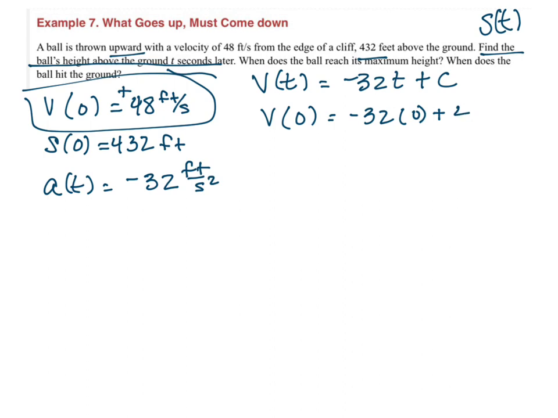And v of 0 here is 48. So 48 must equal c. So my velocity function is going to be negative 32t plus 48.